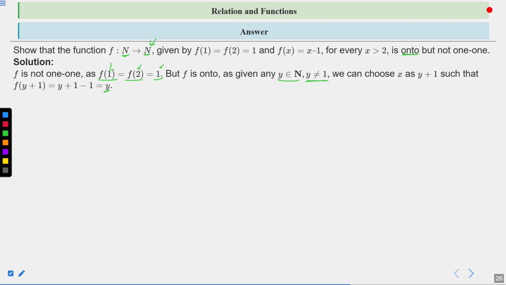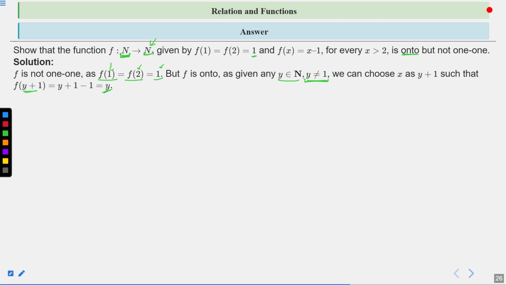Clear? So if you pick any y from the codomain set, then we have an element from the domain set of the form y plus 1. Then f of y plus 1 is equal to y, meaning y is associated to some element which belongs to the domain set. Why did we exclude 1?